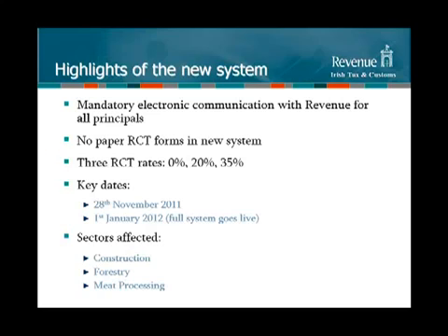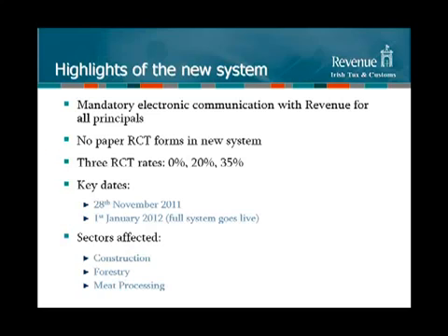There will be no forms RCT 46, RCT 47, RCTDCs, RCT 48, RCT 30, RCT 35, or C2 cards in the new system. There will be 3 RCT rates, 0, 20 and 35.